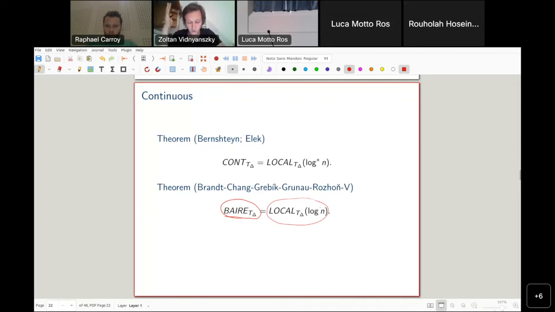Of course, the more honest version of this equality is that there is a combinatorial condition which is equivalent to both sides. And neither of these equivalences is very hard to believe.